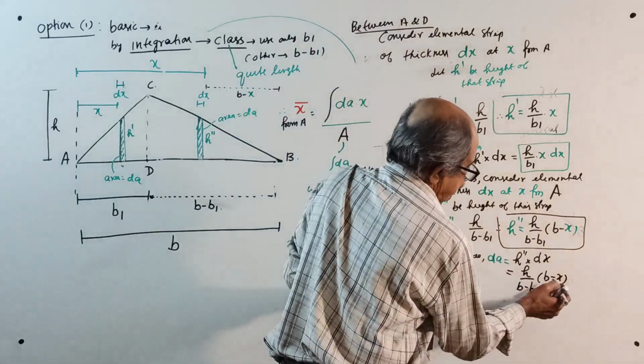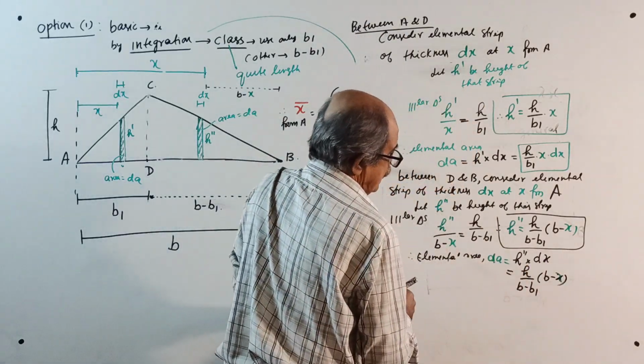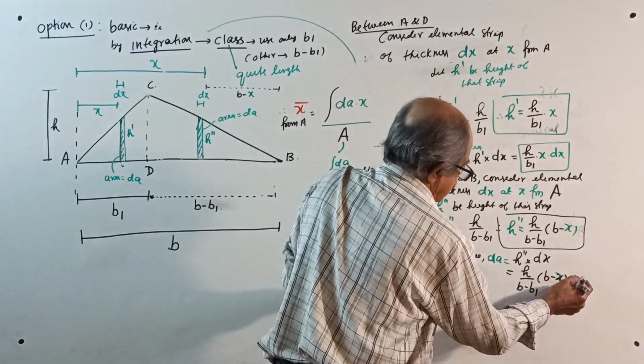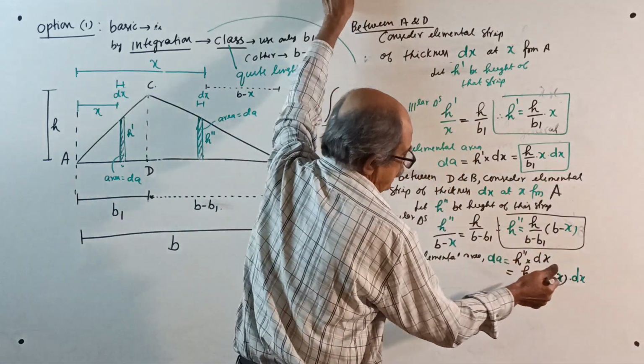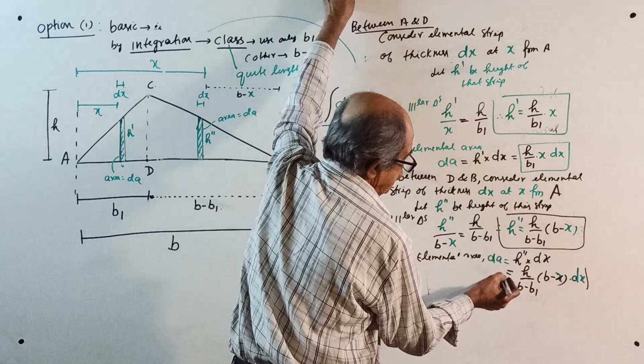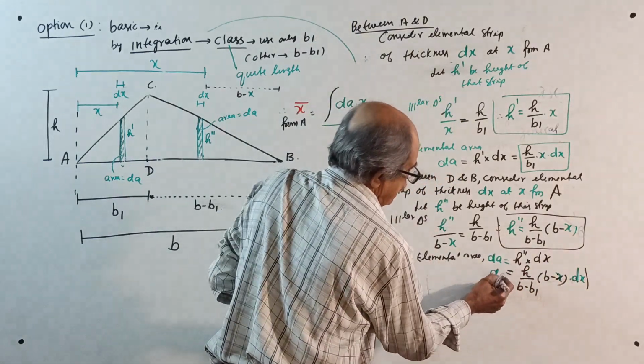This is b minus x. This is dA into dx. This is the answer for dA. See, this is your dA.